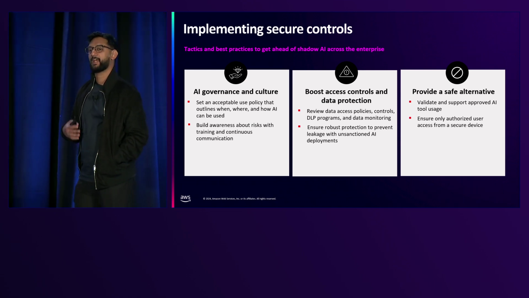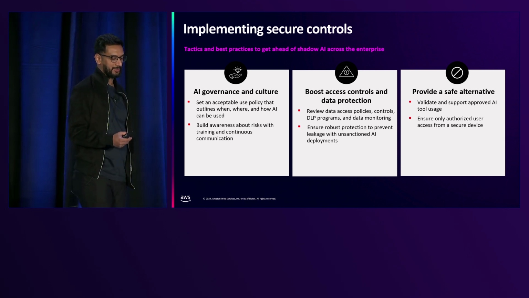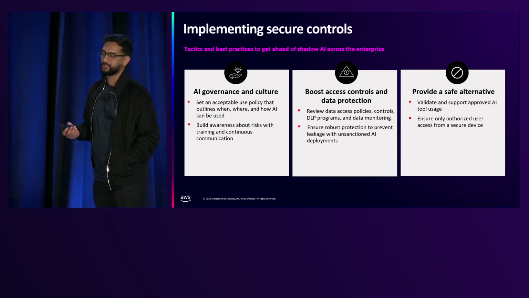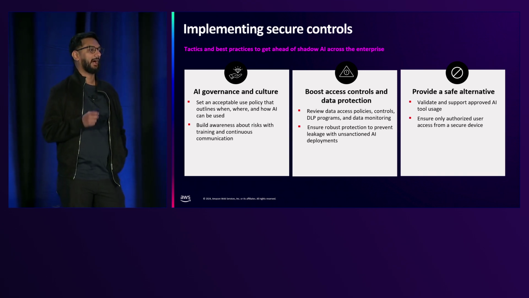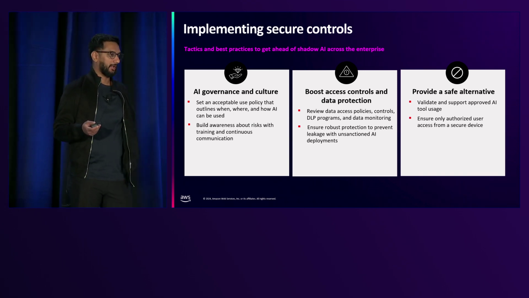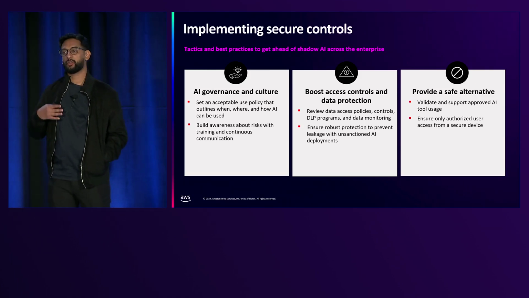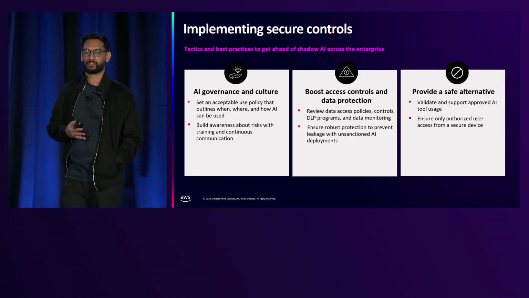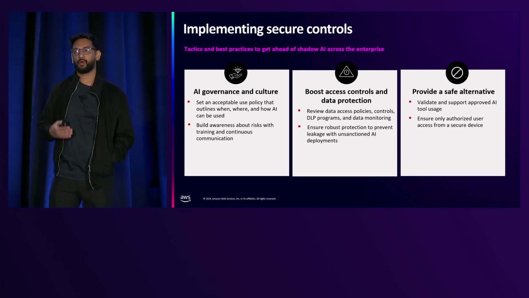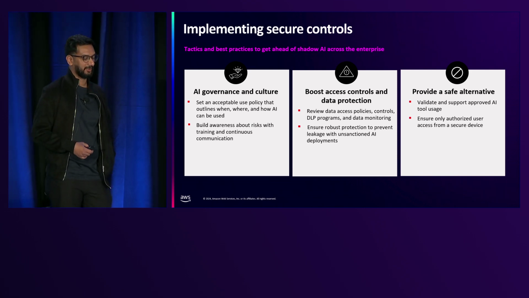What that means is helping users, whether that's internal or external users, giving them an acceptable use policy that ensures they understand where AI can and should be used. What that does is it builds awareness both about usage policies as well as the risks associated with these applications. And of course, this is not a one-time thing. What you want to do is continuously communicate and update them as the landscape changes.